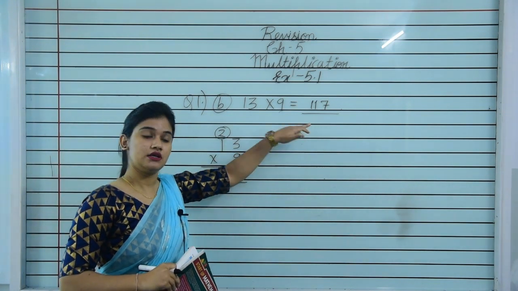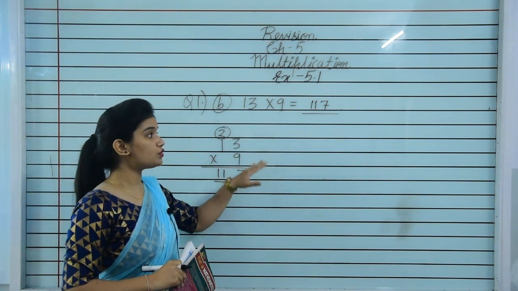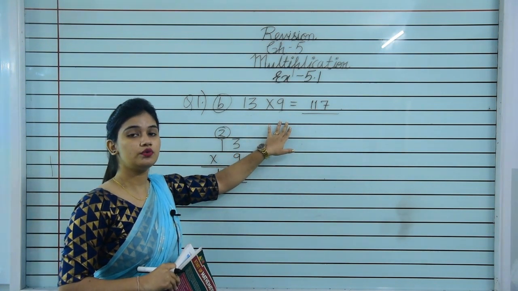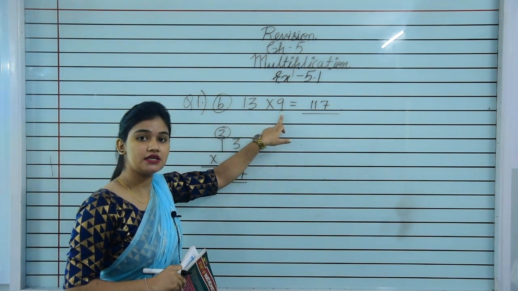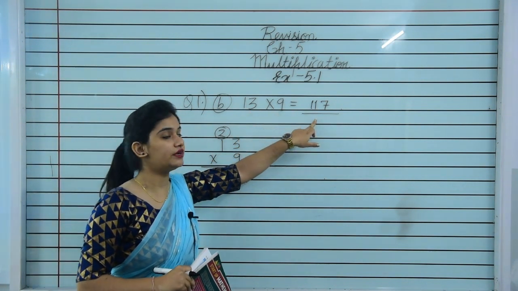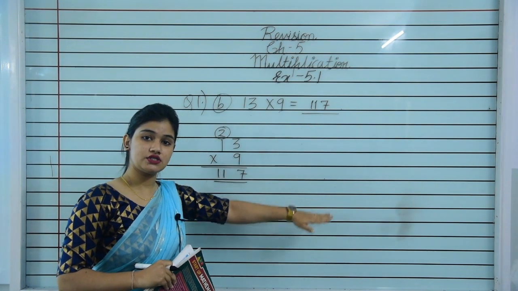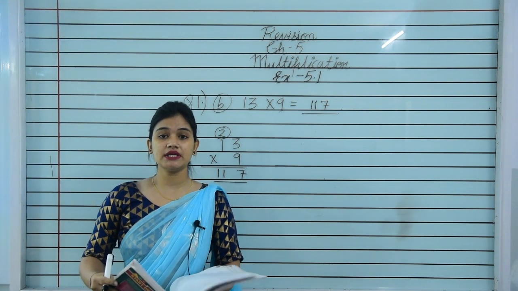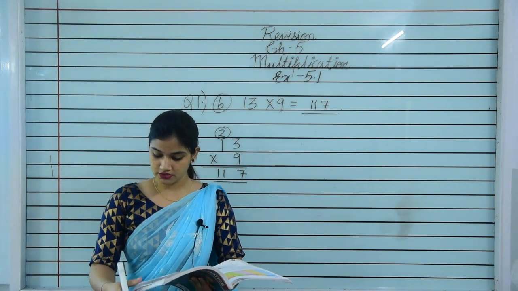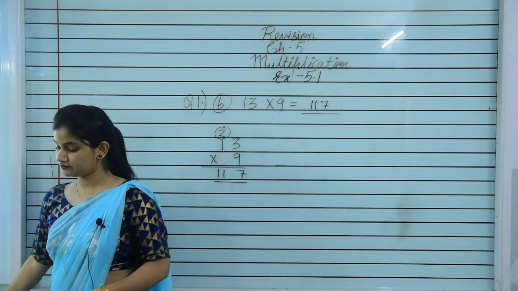Same answer. Understood students? So in this way you can multiply a two-digit number and a one-digit number, and 13 nines are 117.